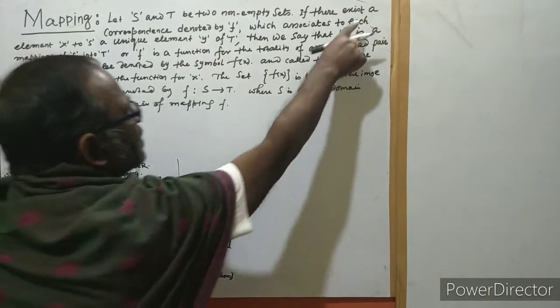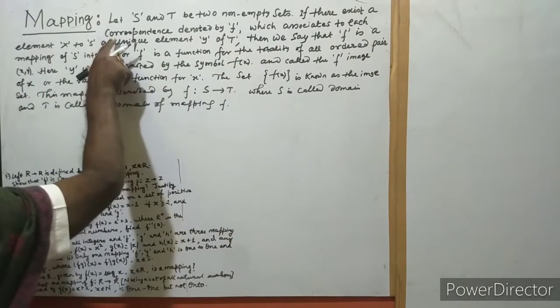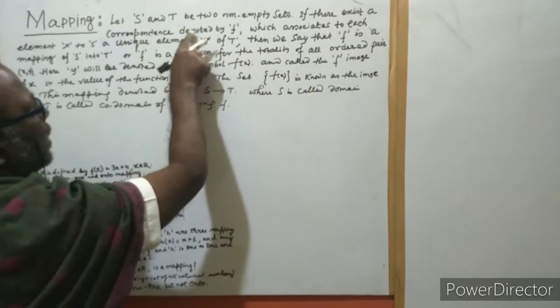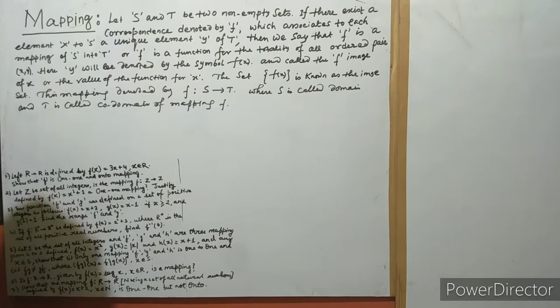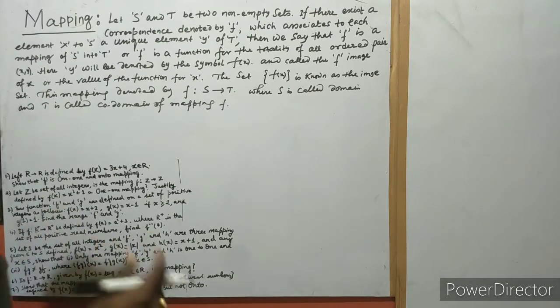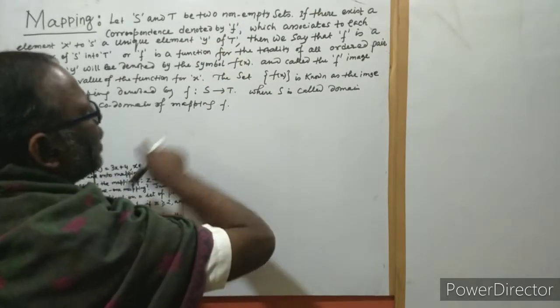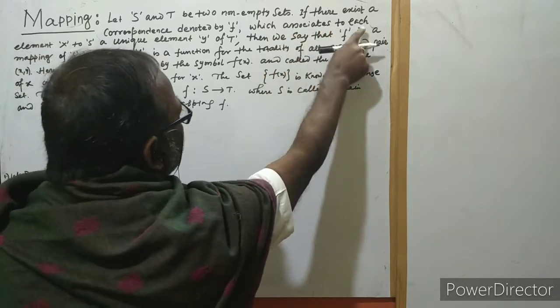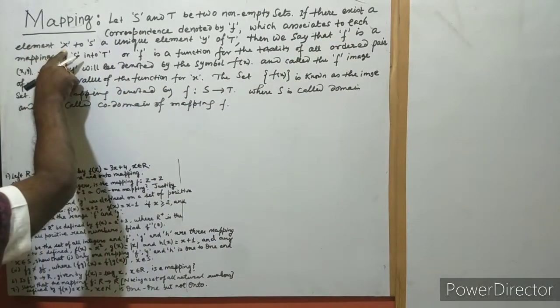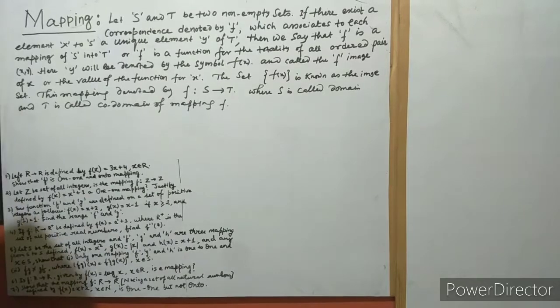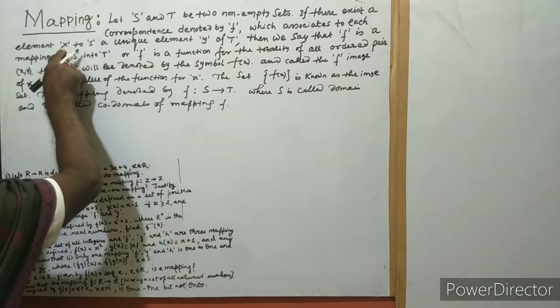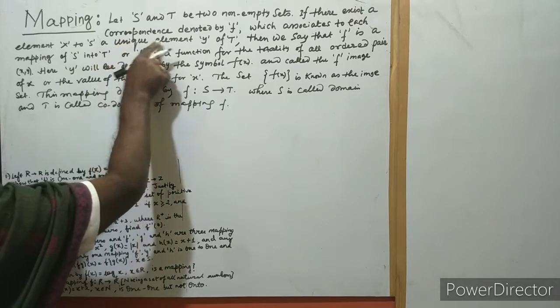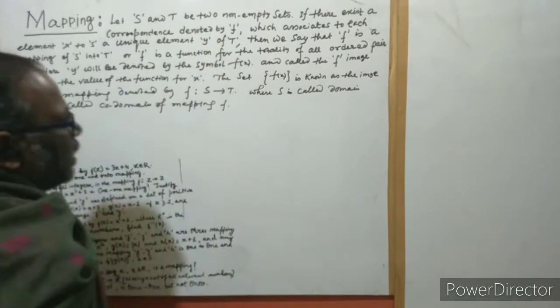If there exists a correspondence denoted by f, like we said y equal to f of x, where f is the function which associates to each element x of S, where x lies in S, that is the domain of x, a unique element y of T.